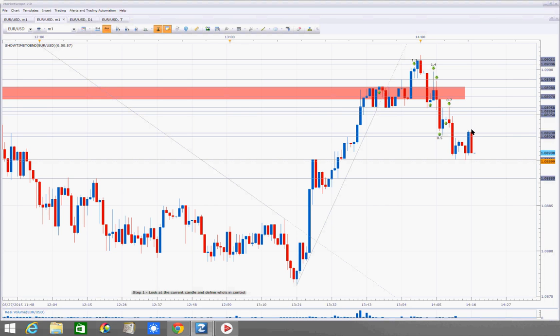Have a new higher high. Bingo. See, that's why no go. Create a new lower low again.